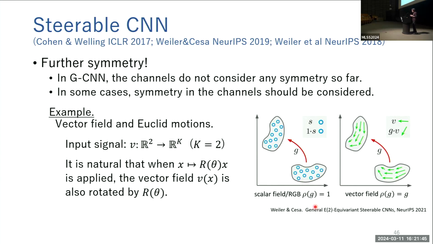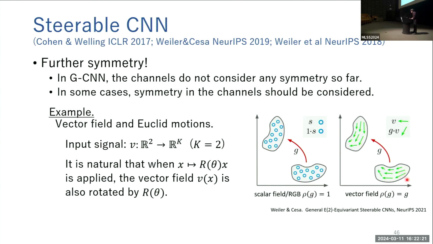However, there are some cases where the channel direction, meaning the output value of the signal, should satisfy some group equivariance or invariance. Here is some example. This is an example of a vector field on the two-dimensional space. So at each point, we have some vector, like the flow to describe the differential equations.